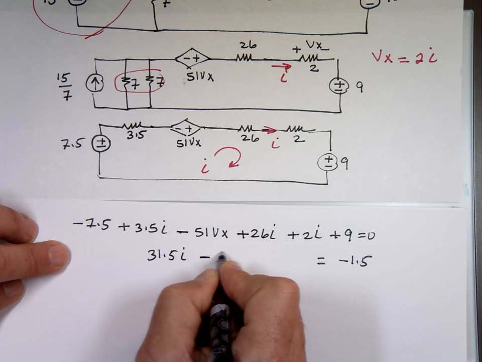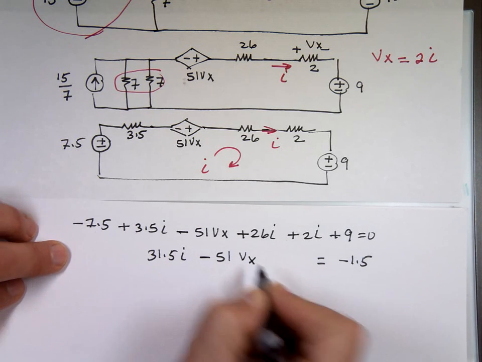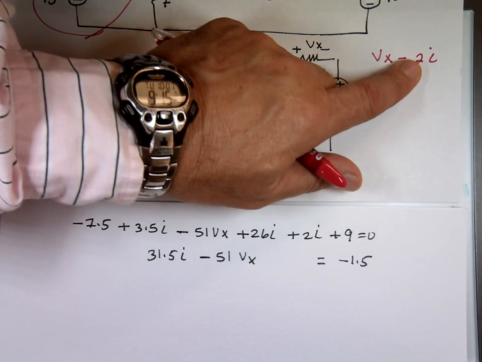Minus 51Vx. And what was Vx? We said Vx equals what? 2i.